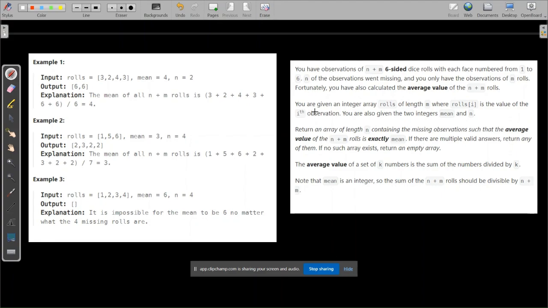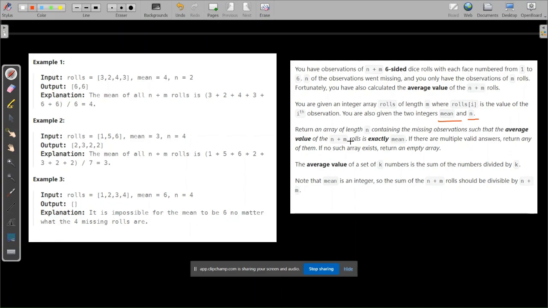You are given an integer array rolls of length m, where rolls[i] is the value of the ith observation. That means the m observations which I know are given in an array rolls, and I am also given the mean of the m plus n observations and n, the number of observations which are missing.